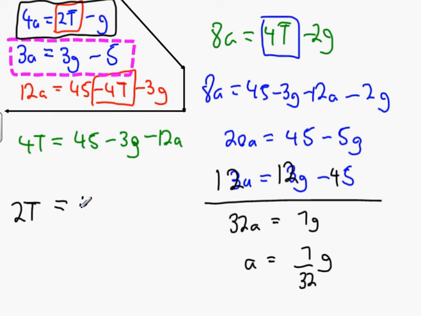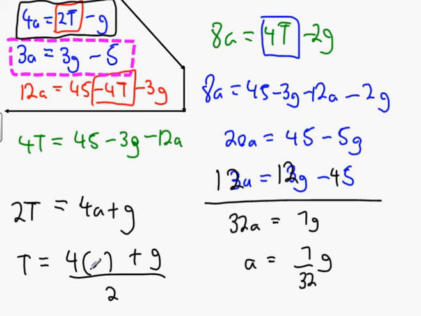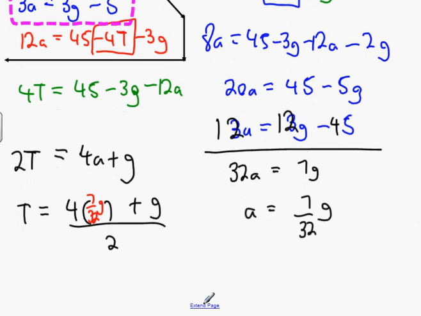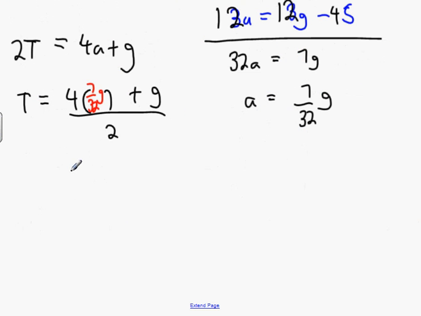It's going to be 4A plus G. Now, T therefore is equal to 4A plus G over 2. That's an A, by the way. But while I'm here, I might as well turn it into 7 over 32 G. So if somebody can multiply 4 by 7 over 32, pretty sure you get 7/8. Add it to 1 and then divide it by 2. I'm thinking of 15 over 16 G. 15 over 16 G. Perfect, thank you.